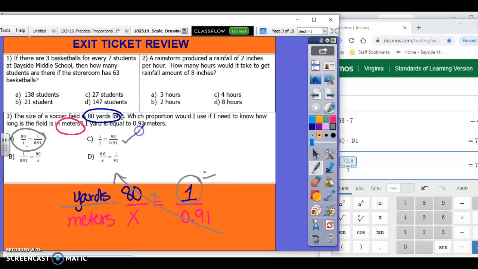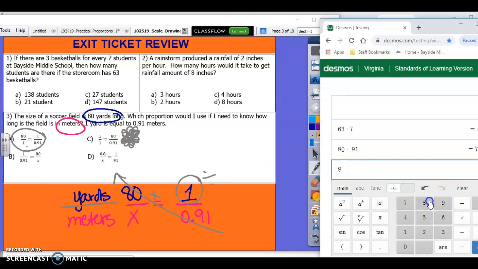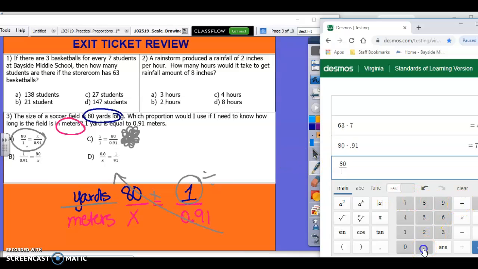So if you look at this answer choice, let's check and see this one right here. I don't want to put a check there, so I'm just going to put a little squiggle. So in this one, in order to figure this out, the diagonal is going to be 80 times 1. So let's come over here and we're going to type in 80 times 1, which is just 80. And then we divide by what's left over, which is 0.91. So let me divide by 0.91.